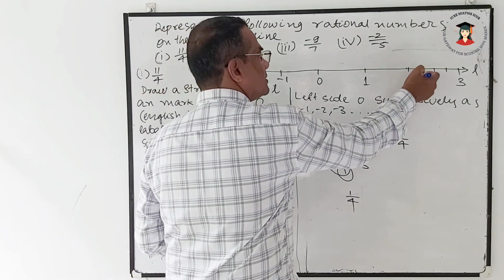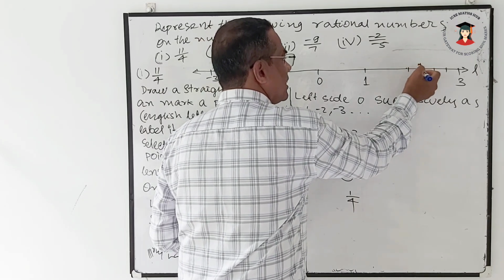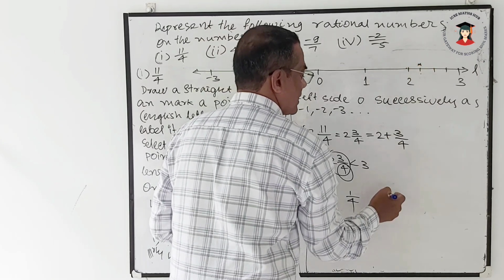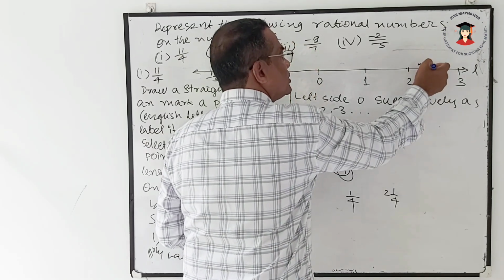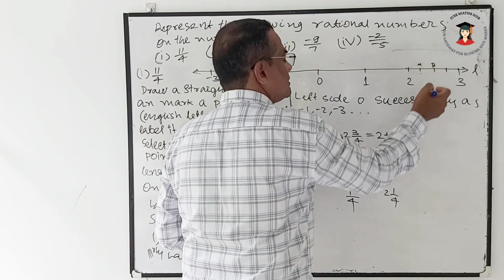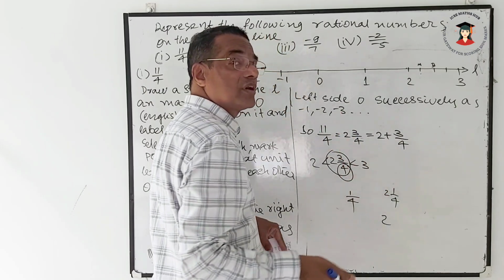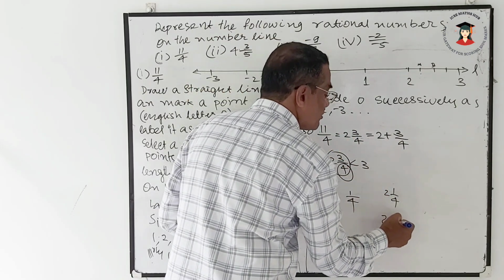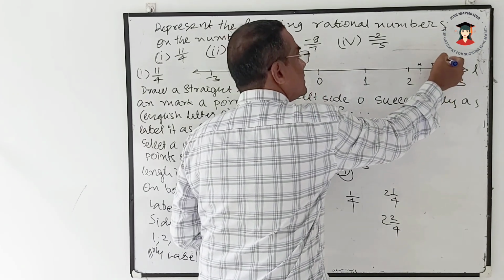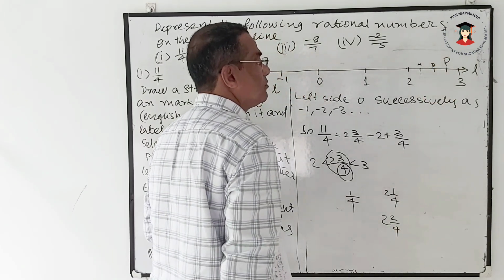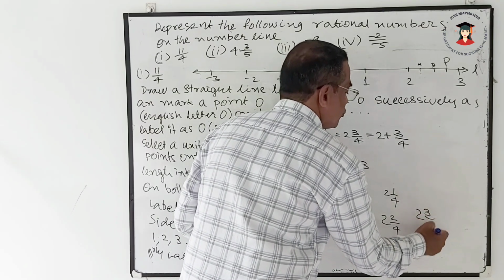Say this point is A. The point A will represent 2 and 1 by 4. Say this is B. This will represent 2 and 2 by 4. And this point will be 2 and 3 by 4.